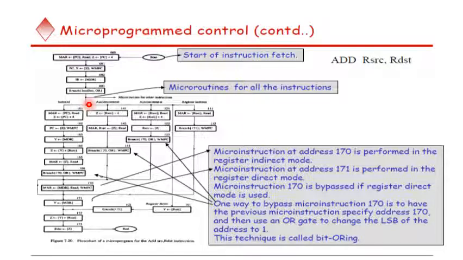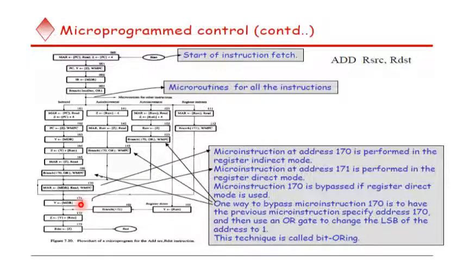If the indirect mode is specified in the instruction, then the micro instruction in location 170 is performed to fetch the operand from the memory. If the direct mode is specified, this fetch must be bypassed by branching immediately to location 171.